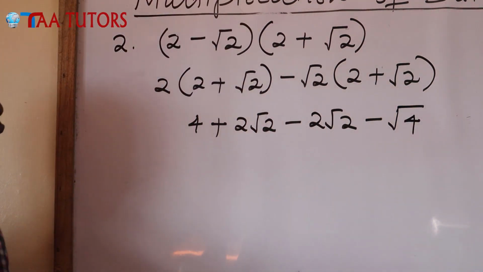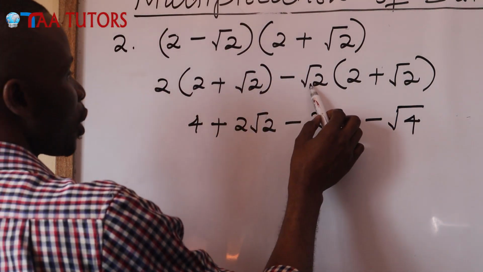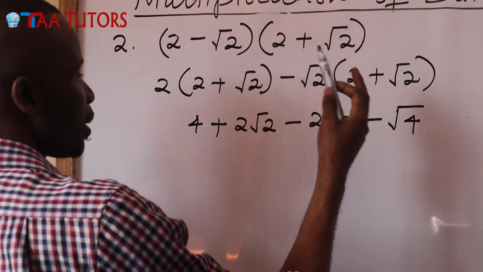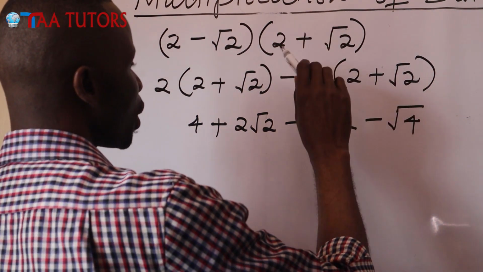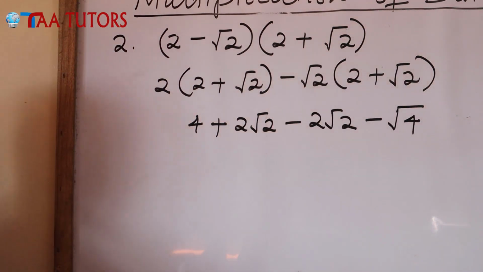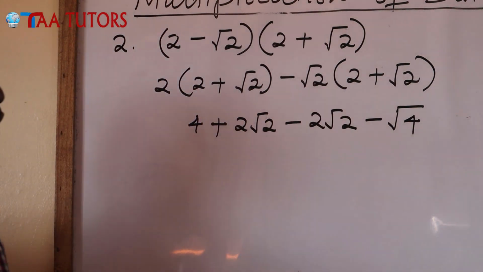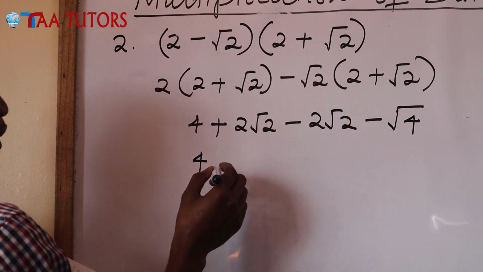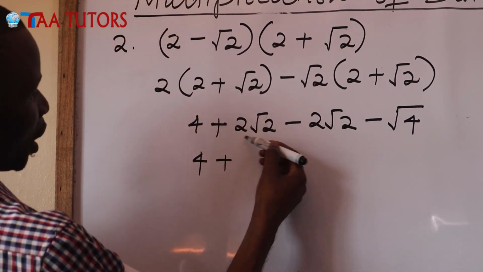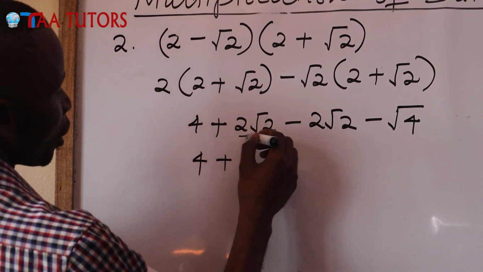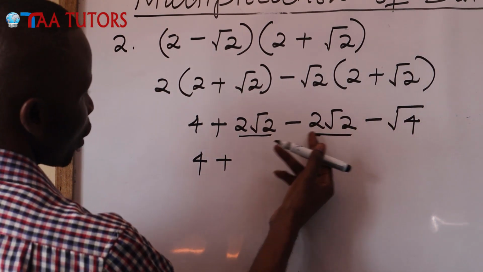That part I think we know, because I said if you have two roots multiplied, that is the same as the root of the product of those numbers. So √2 by √2 is going to be the root of the product of 2 and 2, which is 4. So if you go further, this is 4 plus 2√2 minus 2√2, actually that is 0 here.